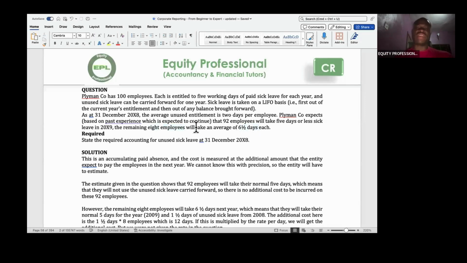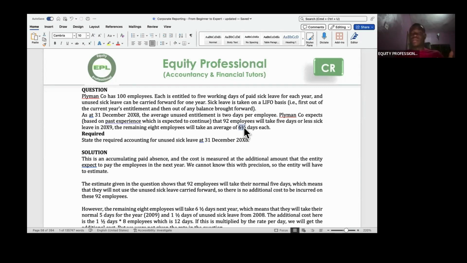Because it's only these 8 employees that will take 6.5 days next year, meaning they will take their 5 normal days next year and 1.5 days from the 2 days they did not use this year. So as far as 2008 is concerned, the estimate of additional cost is on these 8 employees on that 1.5 days they will take, which is 12 days.